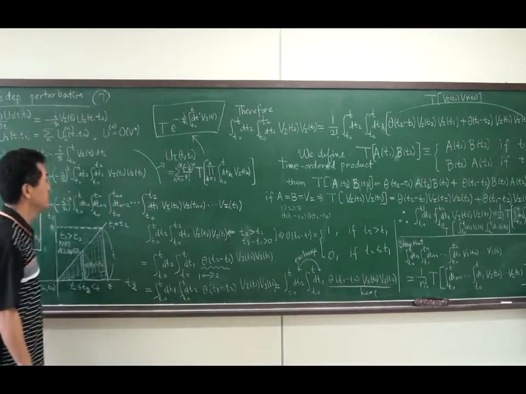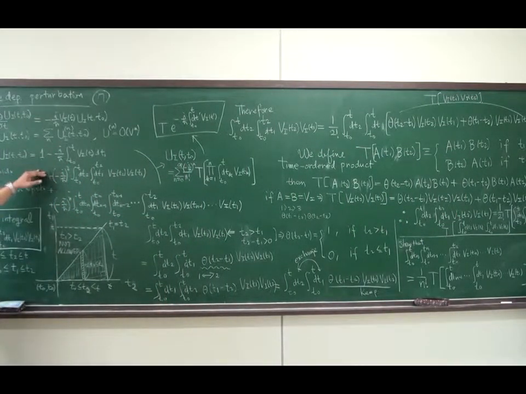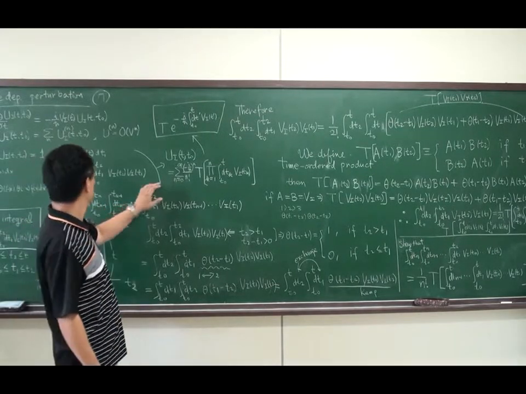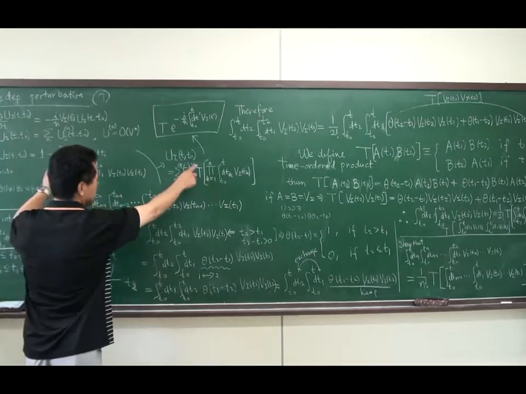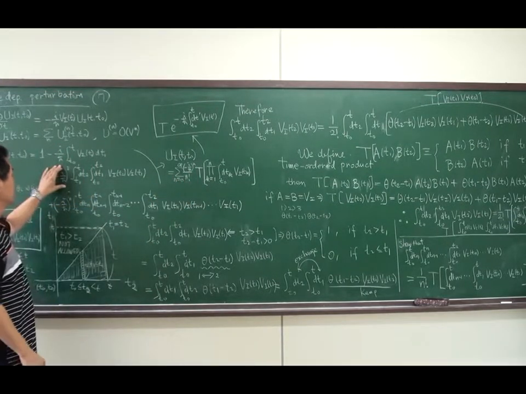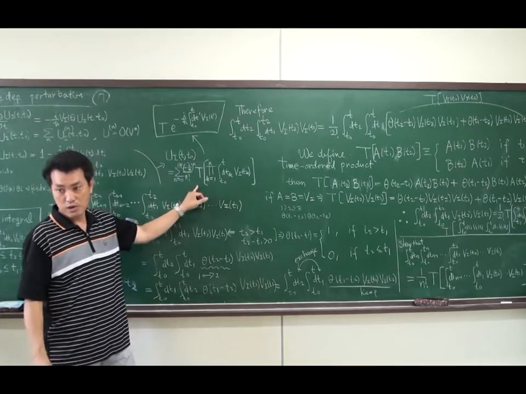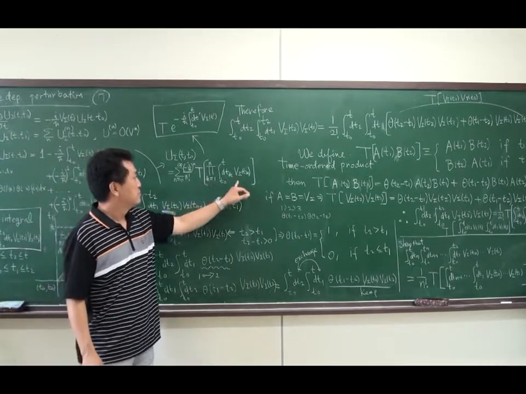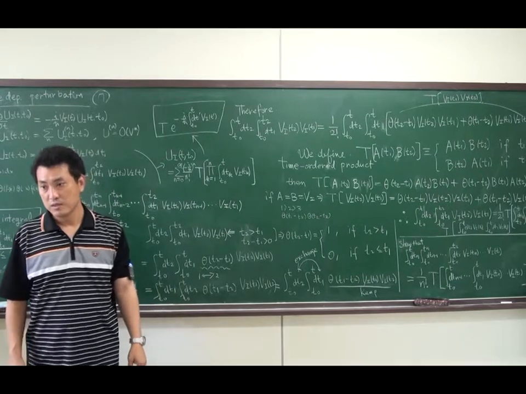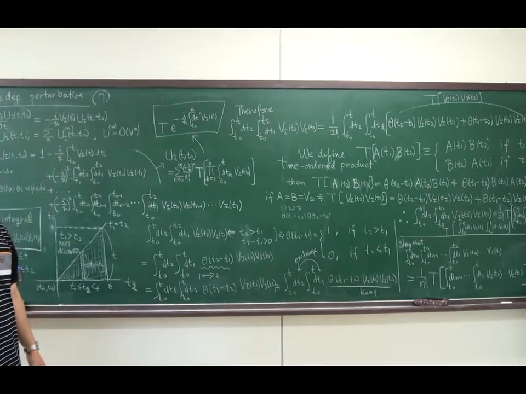Then this series expansion can be simplified as a summation over factors of order n divided by n factorial, and all those integrals are expressed as the time-ordered product of the integrals to the power n.